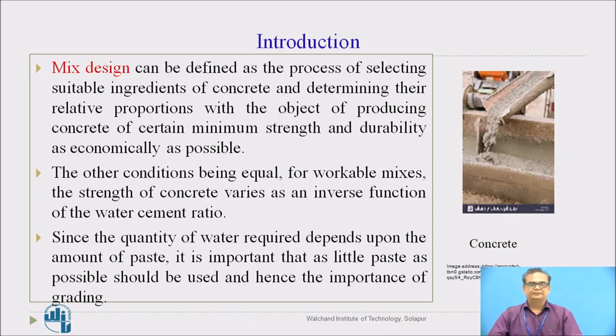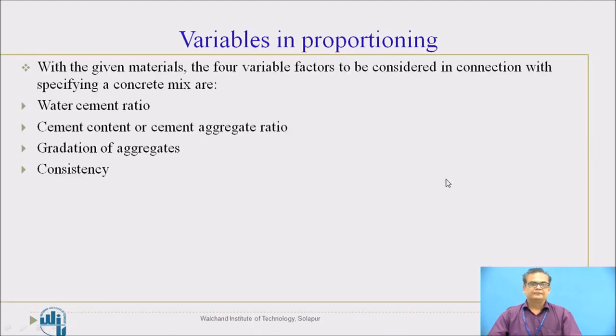Here we can see concrete freely flowing. Now there are certain variables in proportioning: water cement ratio, cement content, cement aggregate ratio, gradation of aggregates, and consistency of the paste are equally important.